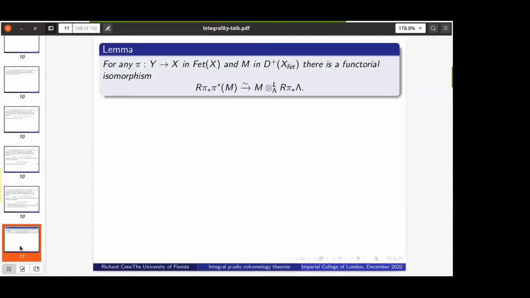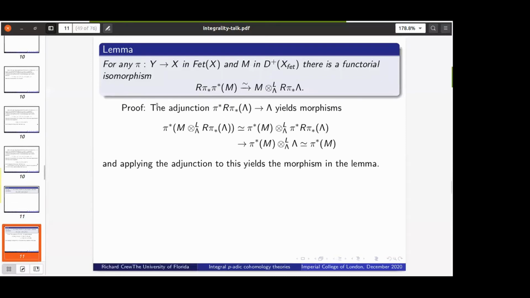This is utterly unsurprising. I'm sure you will agree that this is obvious in the étale site, and it's just a matter of a few technicalities to get it all to work in the finite étale topos.